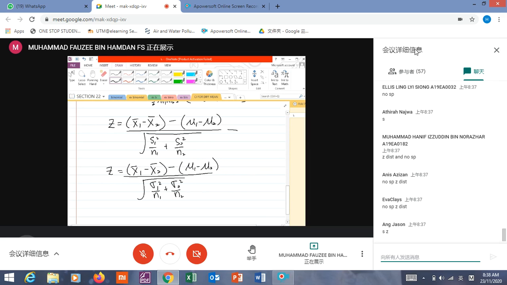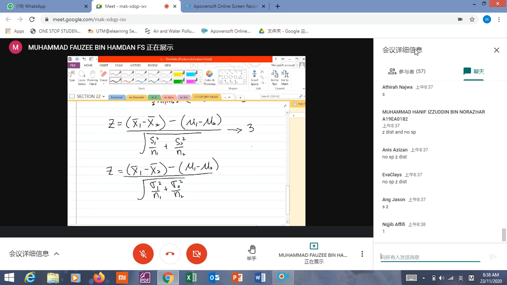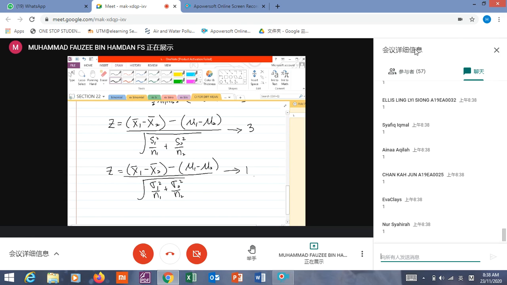Okay, so for this case, this is case number 3, right? For this one, this is case number 1. So look at the difference. I think you can now construct the confidence interval for case number 1 and case number 3. Can you?